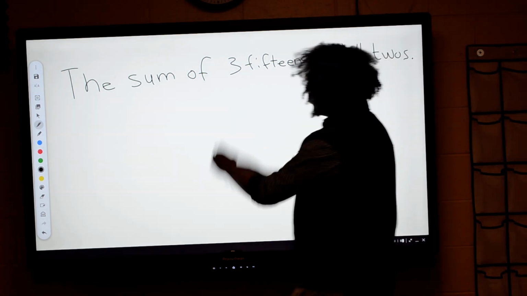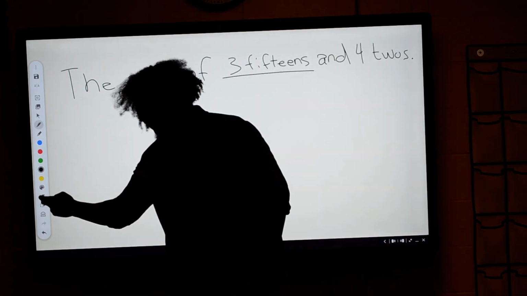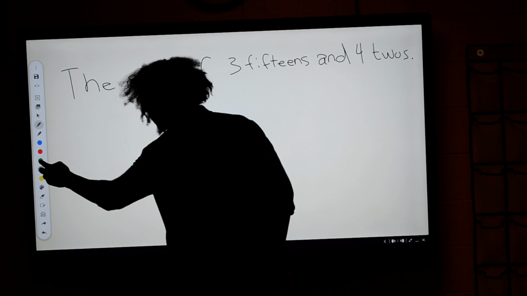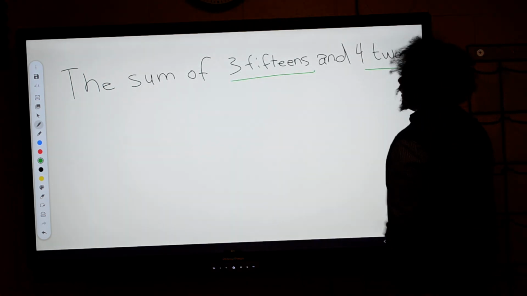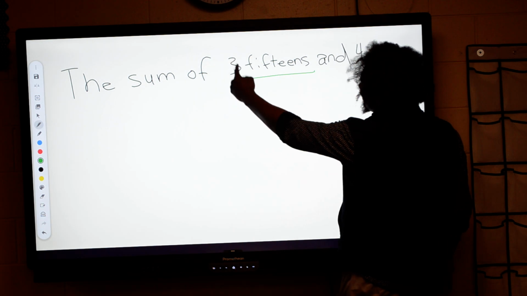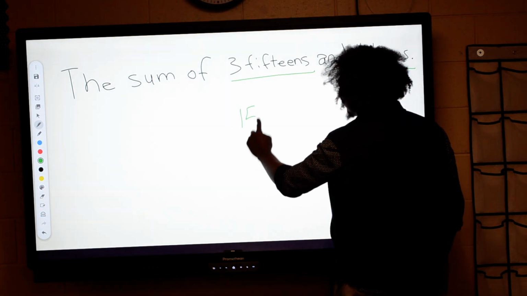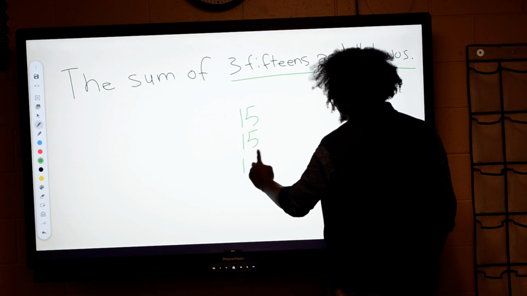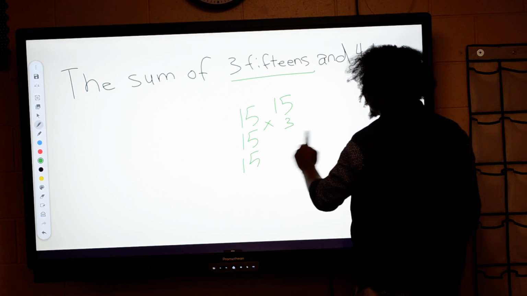Okay, so we know we're going to add, but let's break this down right here. 3 15s and 4 2s. So if we see something where there's 3 15s, that means we have 3 of them. We have 3 15s, so we can write 15 3 times, or we can write 15 times 3, okay?